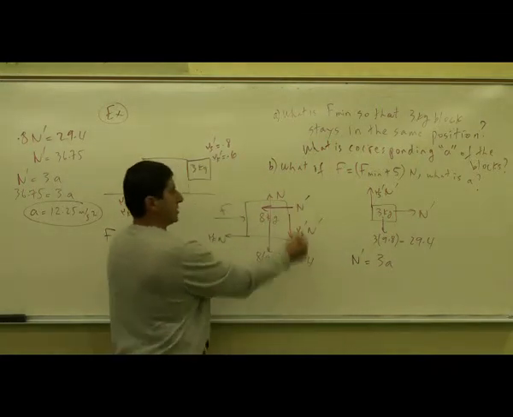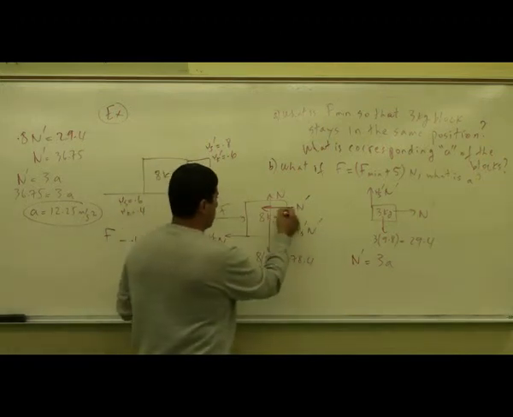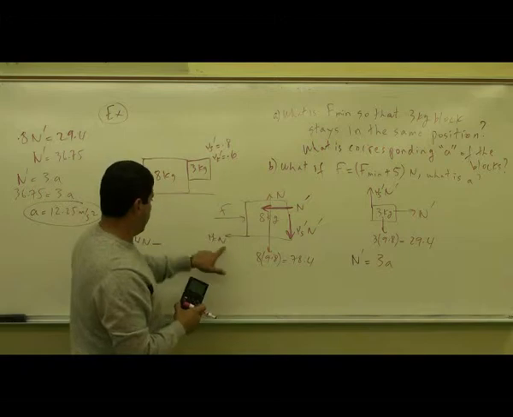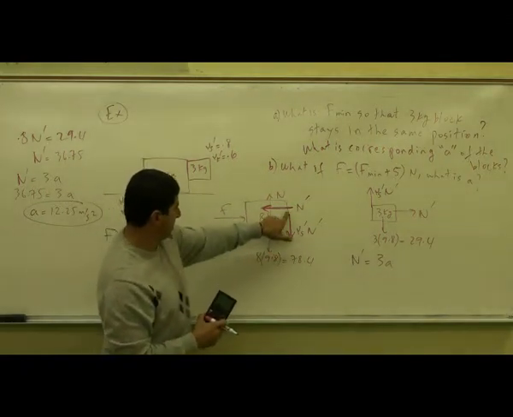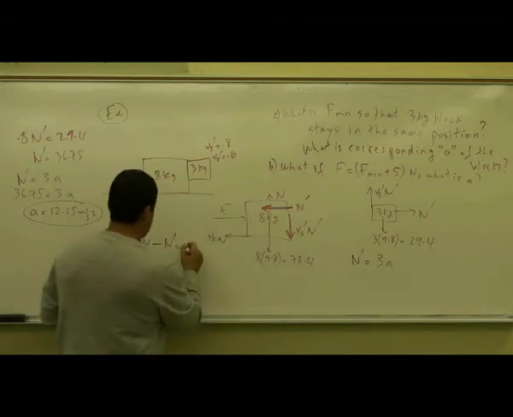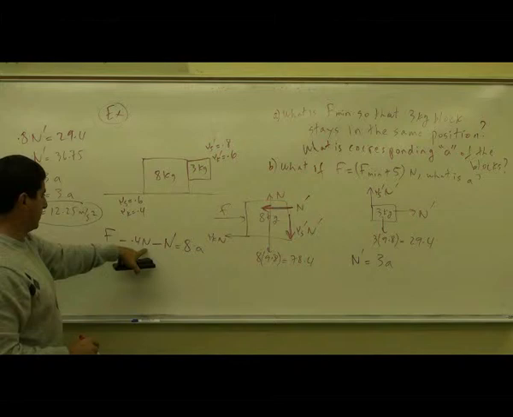So these two forces are easy to forget because they are a reaction pair. So N prime and the downward force. So F minus this and minus this is equal to 8A.